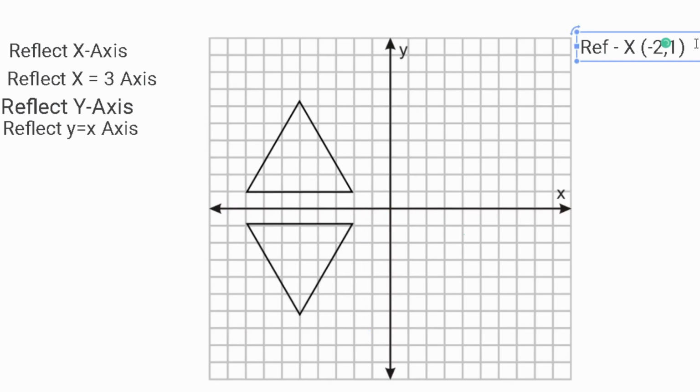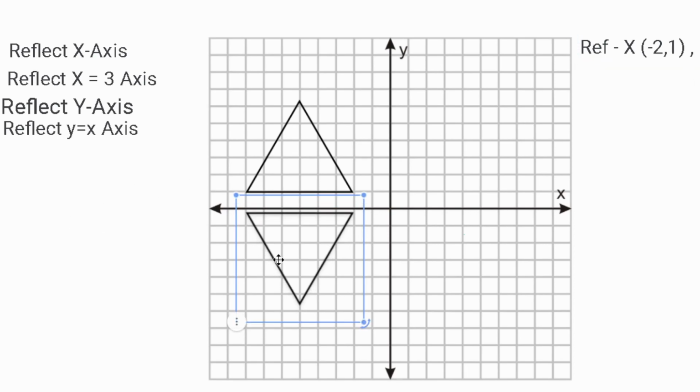And so we still have -2, but the y is now -1. This is not a minus, I'll do a comma. I guess that would make sense.